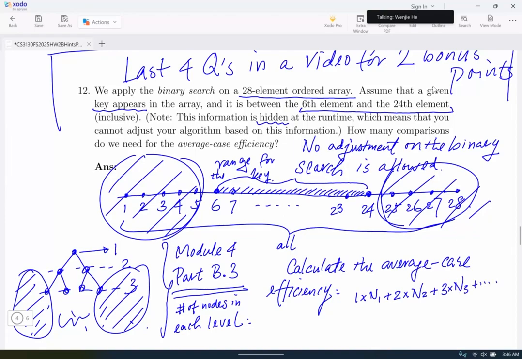Then divide by the total number of nodes in the range.